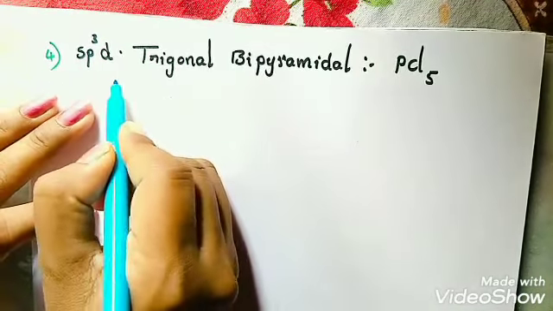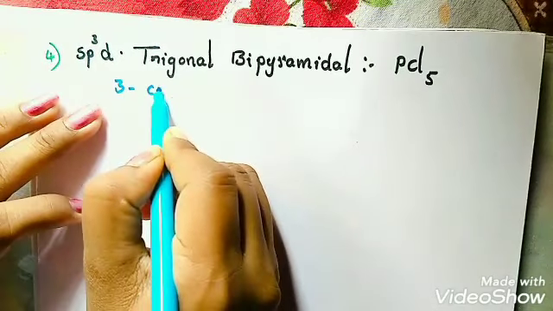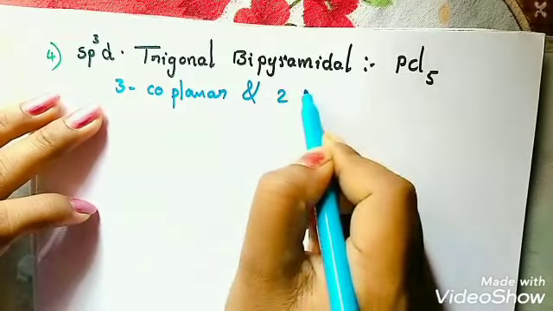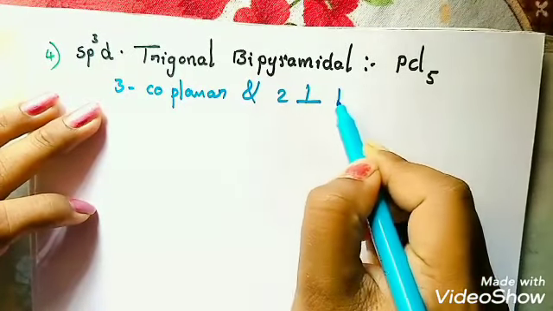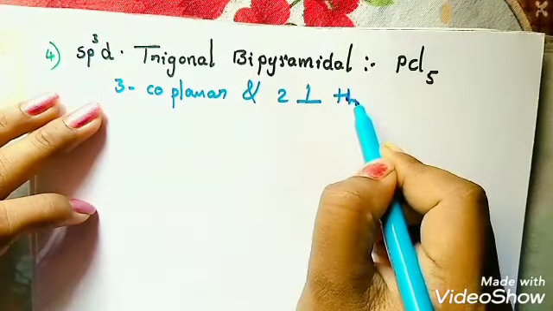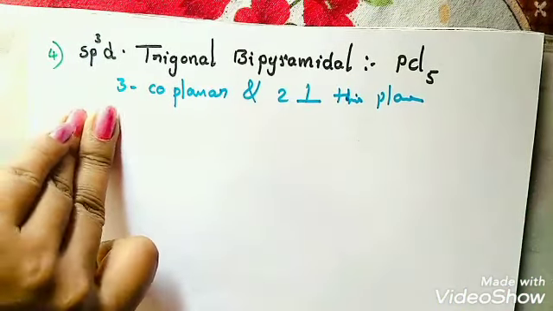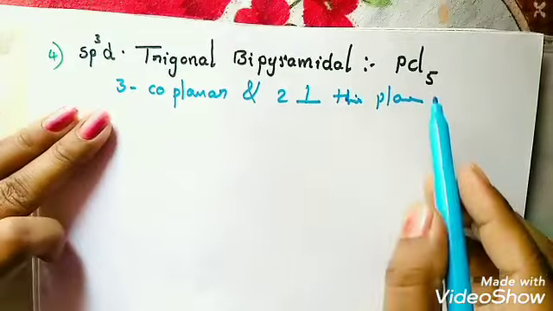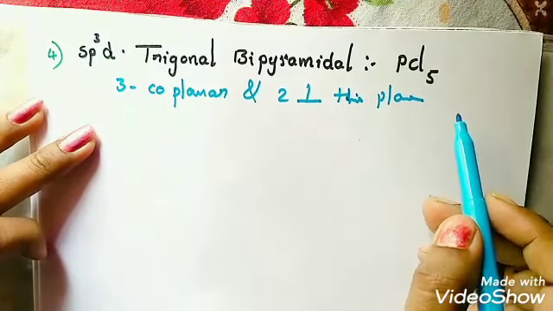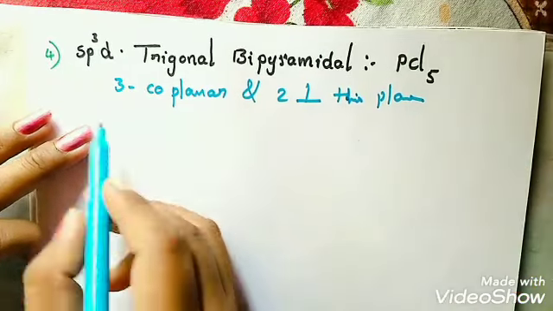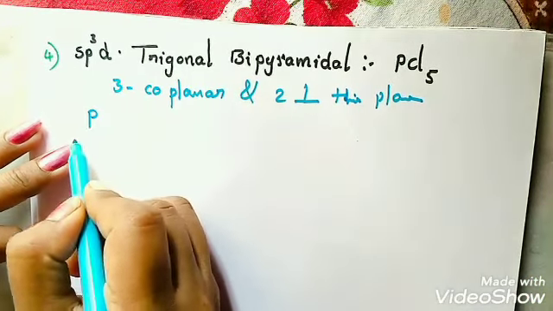So here, students, 3 are coplanar and 2 are perpendicular to this plane. That means by seeing the structure, you can say like this. I'll explain it later, students. First, phosphorus pentachloride: if you see this example, the central atom is phosphorus.